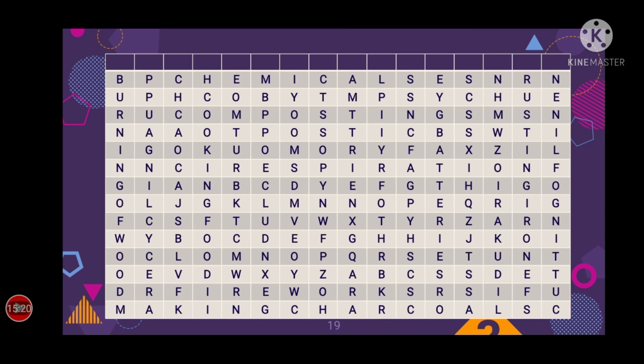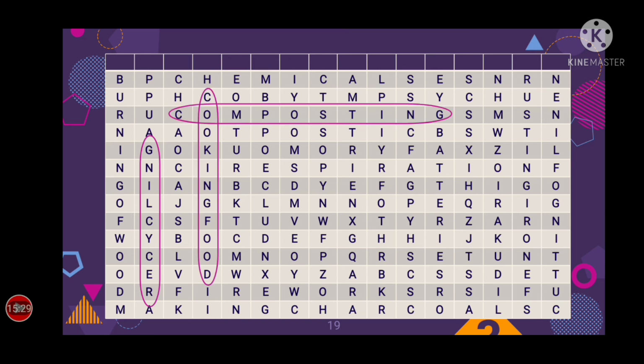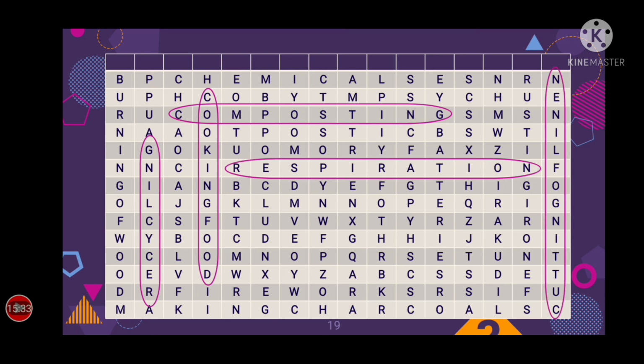So the answer here for useful, we have recycling, cooking of food, composting, respiration, cutting of linen, and photosynthesis.